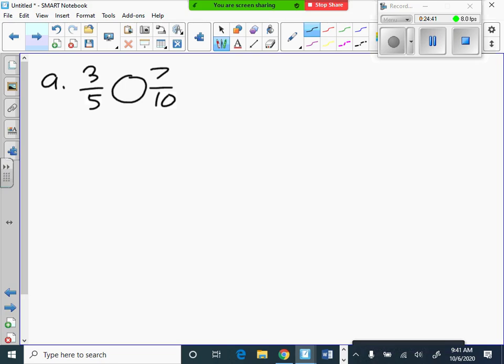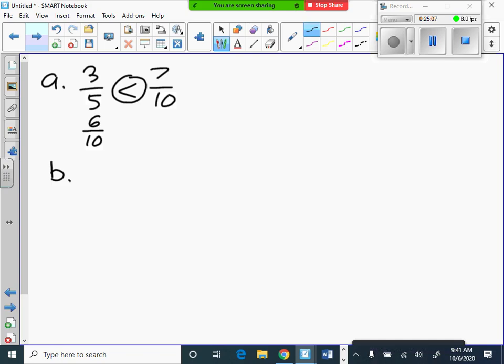I would use 10. 10 would be the least common multiple, the smallest one they both go into. So this becomes 6/10, and I would just put it underneath. 6/10 compared to 7/10. What's my sign? This side is less than this side, so we got less than.